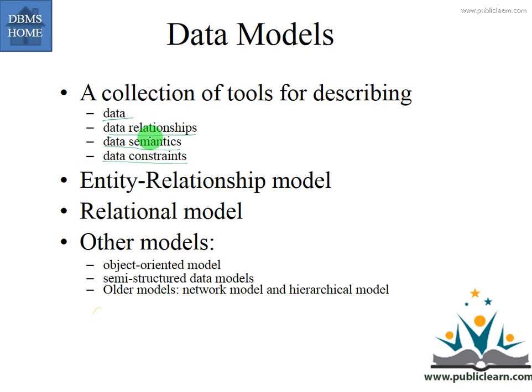Here, these are the tools: ER relationship models, entity relationship models. Entities are drawn as a rectangle box, a relation is a rhombus shape, and attributes are in an oval format.